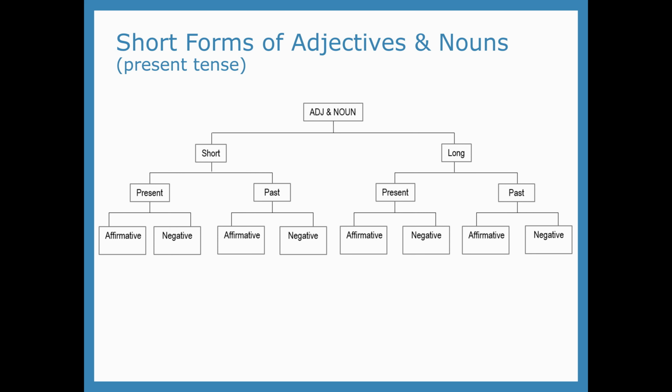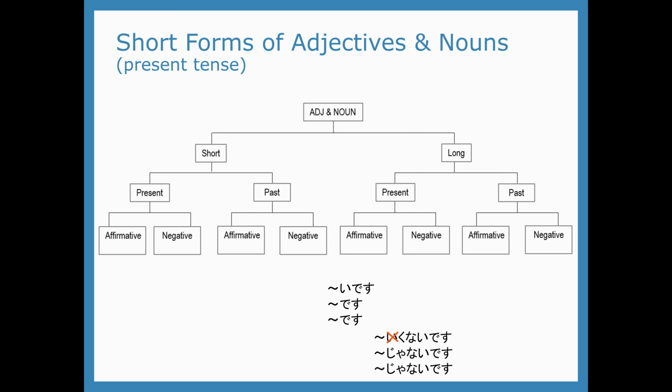So let's take a look at these together. When we have a present tense affirmative adjective, we have either an i adjective ending with i, desu, or a na adjective and noun, just the word plus desu. So we say atsui desu, genki desu, gakusei desu. When we make them negative, we either get rid of the i and put kunai desu, or we put janai desu.